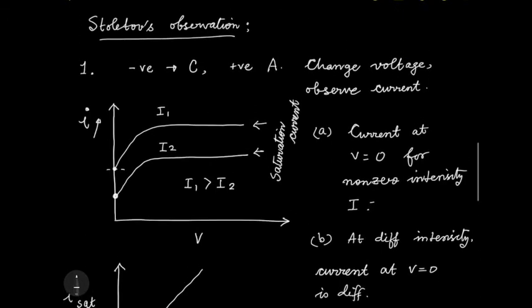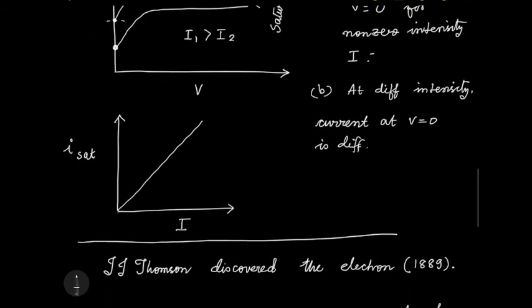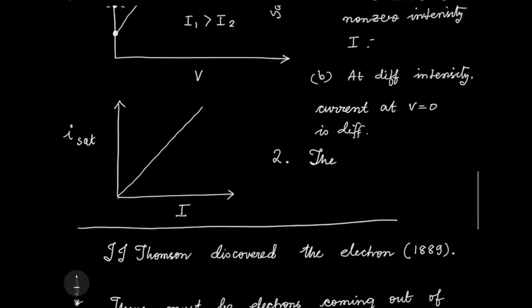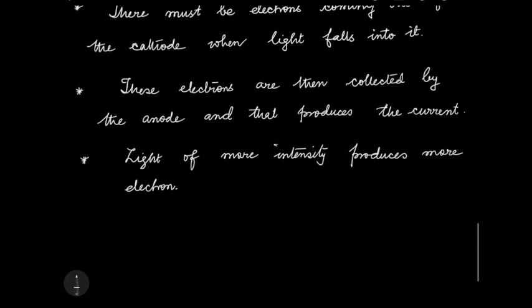Okay. There is one more observation done by Stoletov, which I have placed here to write. This was called the photoelectric effect, because it was understood that electrons are coming out because of photo, meaning light.